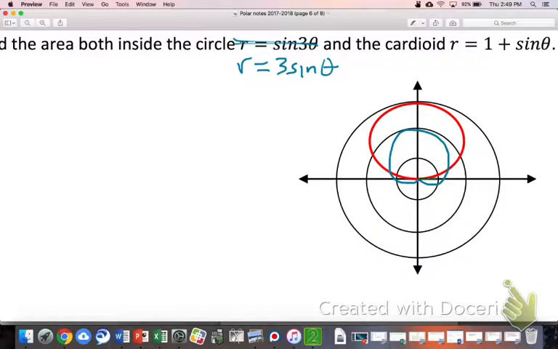I would say actually probably yes, because when we are facing straight right, this would be the beginning of the area, wouldn't it? When you're facing straight right, what's the radius of the circle? 0. Yeah, when you're facing straight right, the radius of the circle is 0.